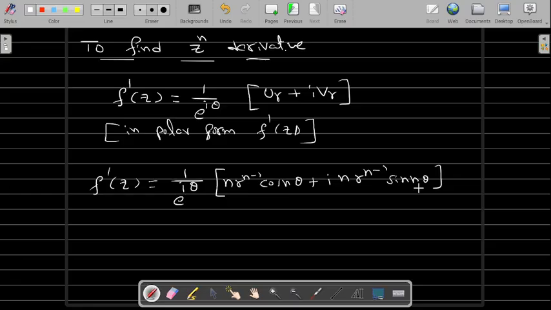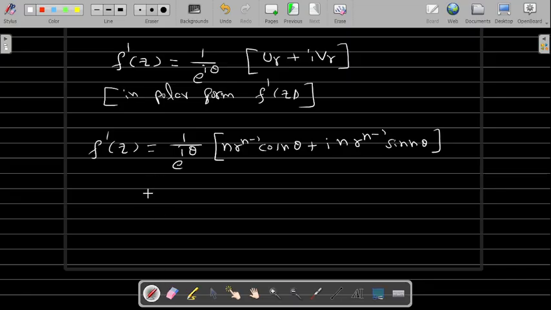Now we will try to simplify this. 1 by e power i theta, and we can take n into r power n minus 1 common, times cos n theta plus i sin n theta.